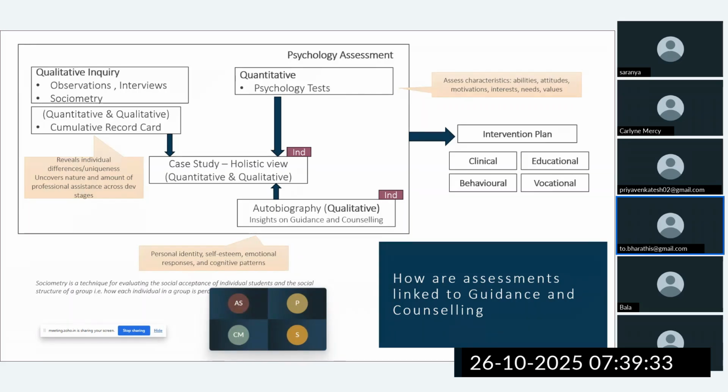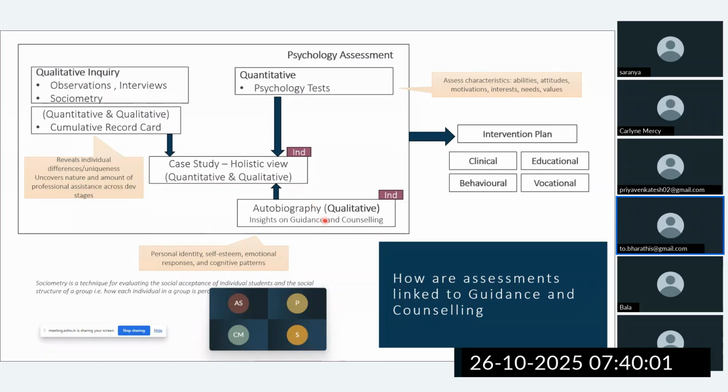If you see the cumulative record card, which is being shown here, this is captured by the school, right? It shows how different or how unique an individual is and what history they have had, and it gives the longitudinal view, right? Details are collected over a period of 6 months to 1 year, and it could extend.